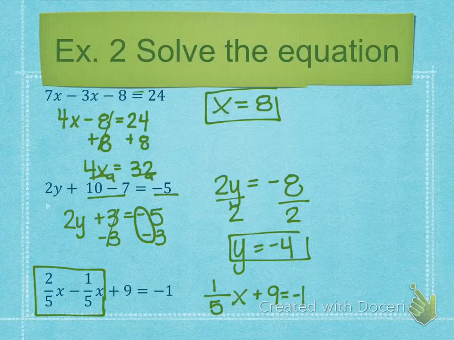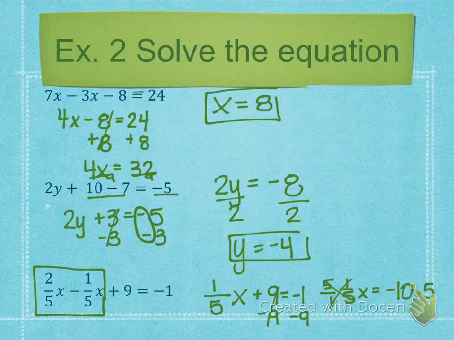What would I do now, Haley? Perfect. Subtract 9. And I get 1/5 x is equal to what? Negative 10. Same signs, add and keep. Now, how would I get x by itself? Multiplying by their reciprocal. Okay, the reciprocal of 1/5 is 5 over 1, which is basically what? 5.